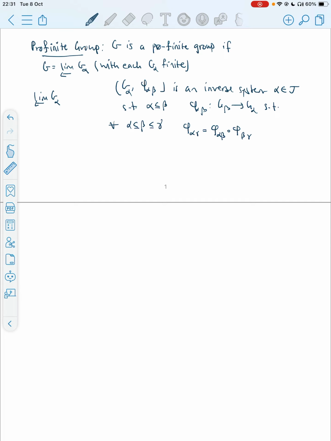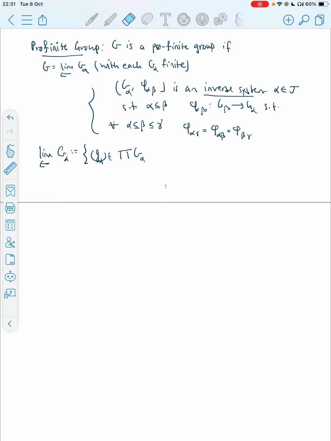So this is if you have a bunch of these things. So this G alpha is a group and phi alpha beta is a group homomorphism. If you have such a system, it's called an inverse system, sometimes a projective system. And in this case, we can define this inverse limit, which is denoted like this, which is by definition all those elements in the product of G alpha.